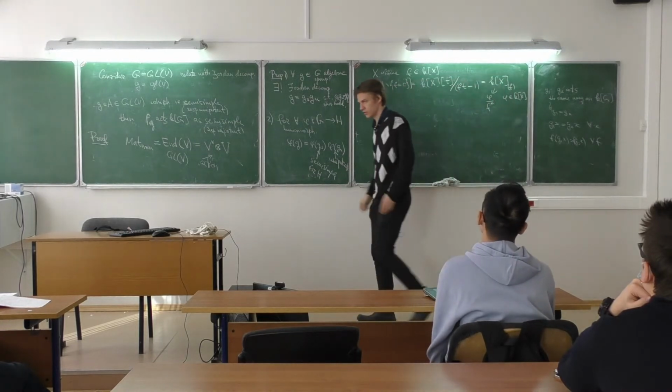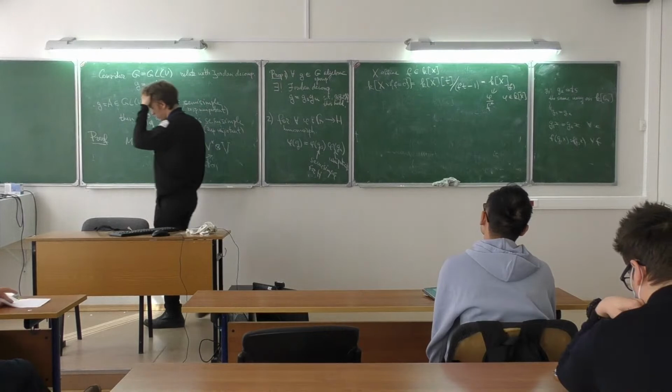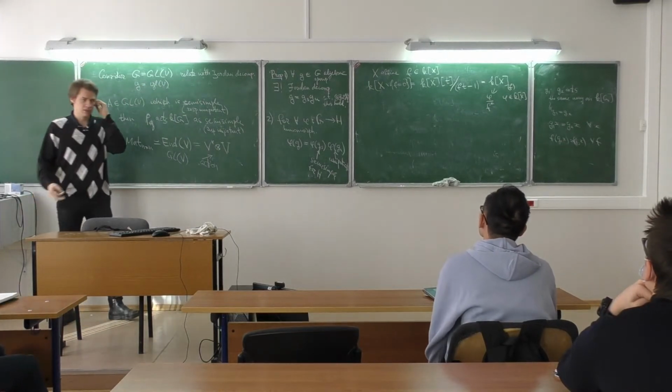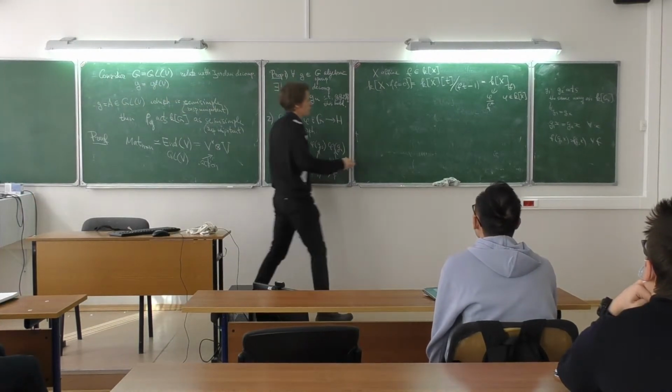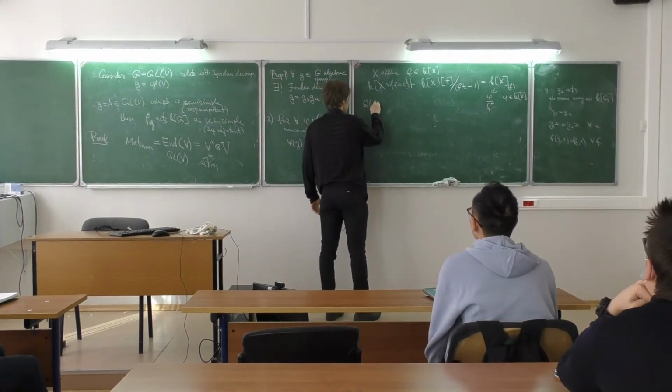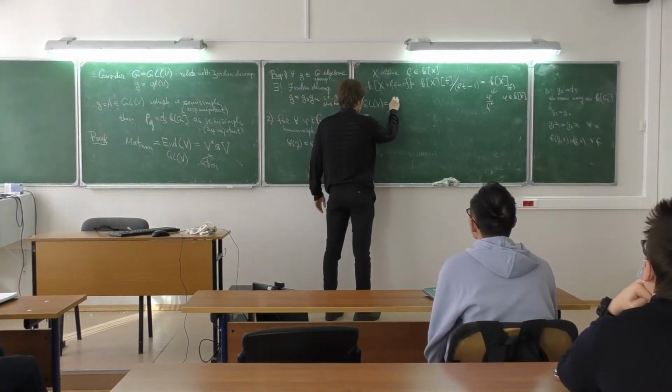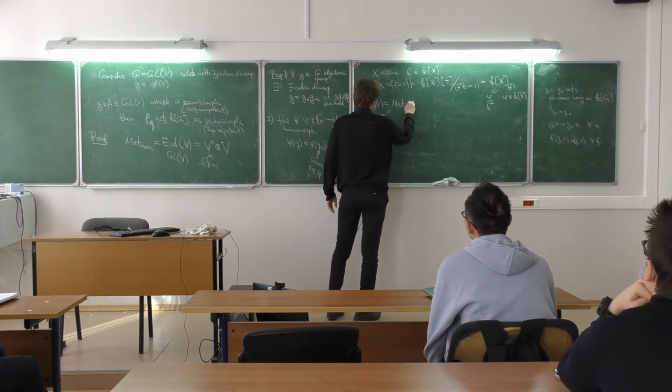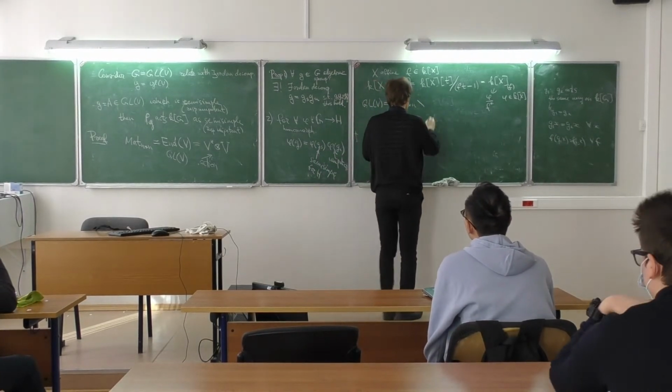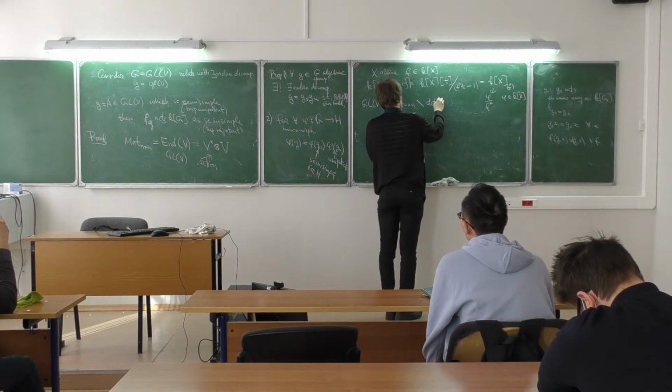Okay? So this is passing to the complement of the open subset. And when you're thinking about GLV, it is just n by n matrices without the zero set of the determinant.